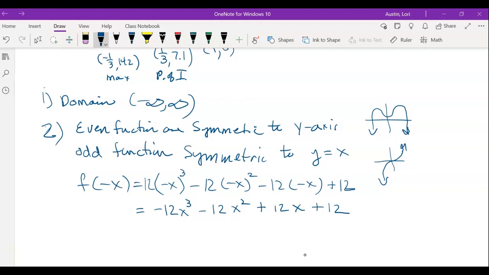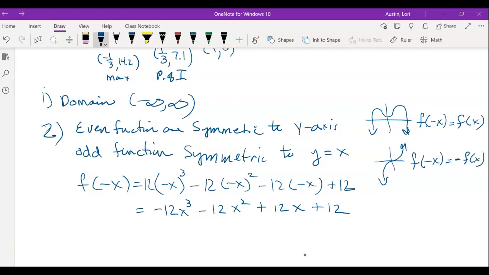For a function to be even, that means f of x is exactly the same as f of negative x. Or let me write it the other way. F of negative x ends up being the exact same function. If a function's odd, f of negative x ends up being the exact opposite.